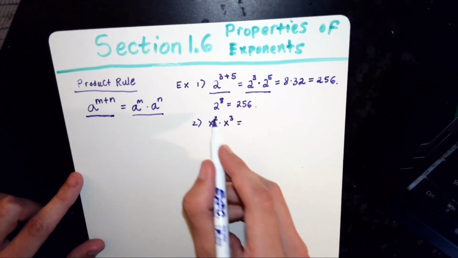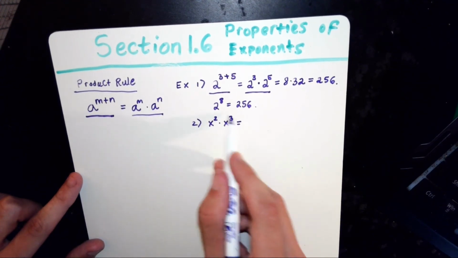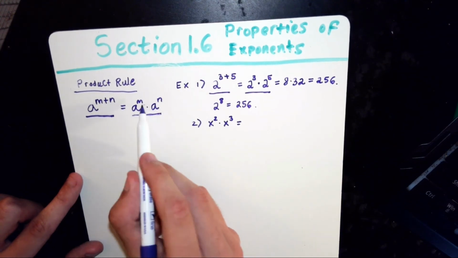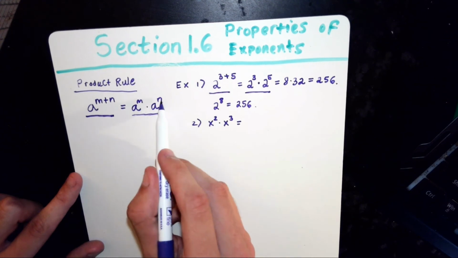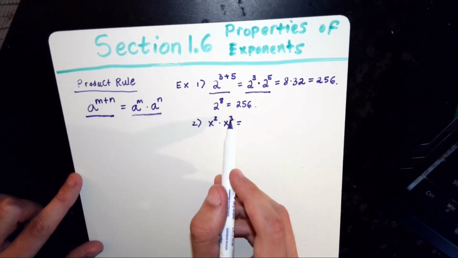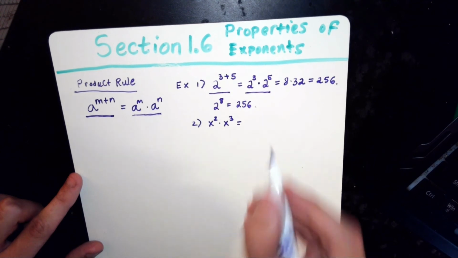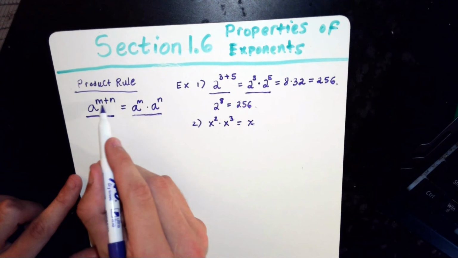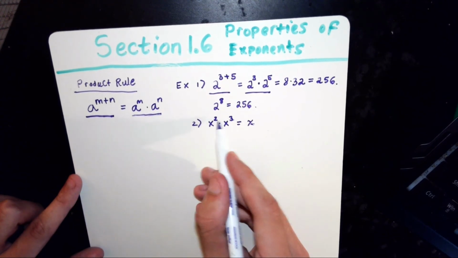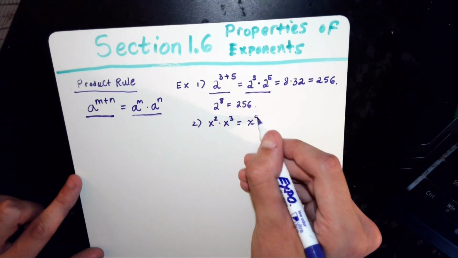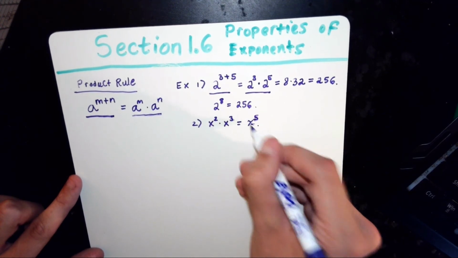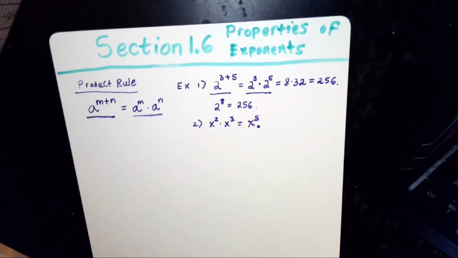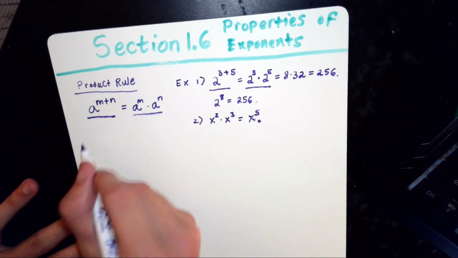In this particular instance, m here is 2 and n here is 3. So all we need to do is rewrite it as x, and then remember, on the left-hand side, it's just m plus n. So we add these two together. 2 plus 3 is 5. So that's x to the fifth right there. Awesome. So now that we've done that, why don't we move on to the quotient rule?